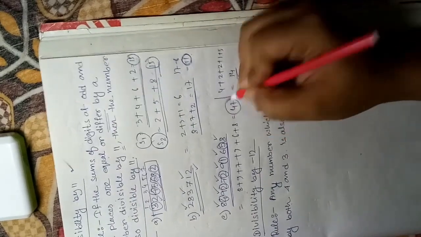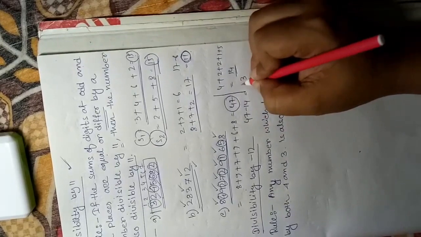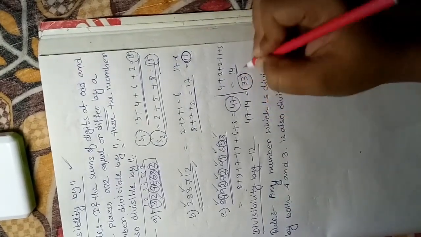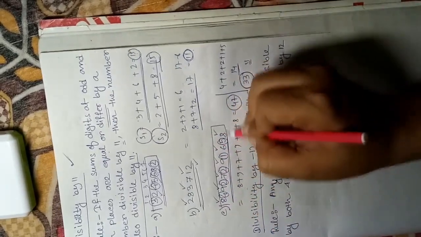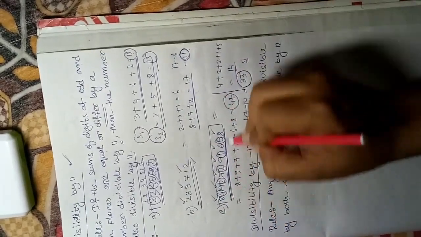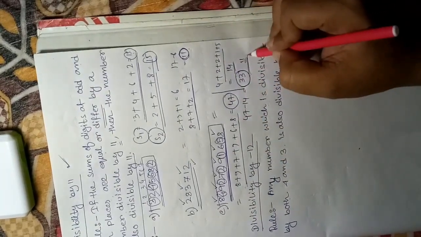So their difference is 47 minus 14, that is 33. We know that 33 can be divided by 11, so this huge number is divisible by 11. So we can easily say it by this method. This is a very tricky method and it has to be remembered.